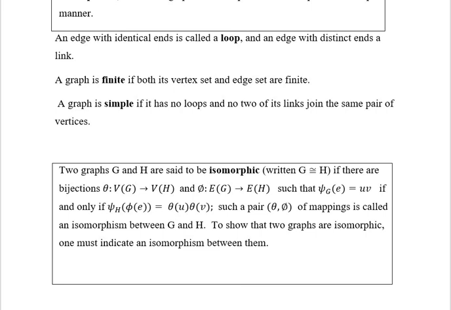Two graphs G and H are said to be isomorphic, symbolically written as G isomorphic to H, if there are bijections. Bijections means a one-to-one onto mapping.